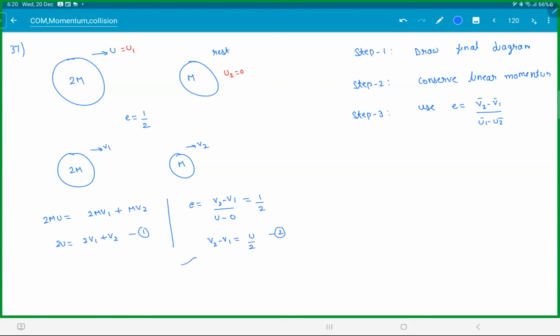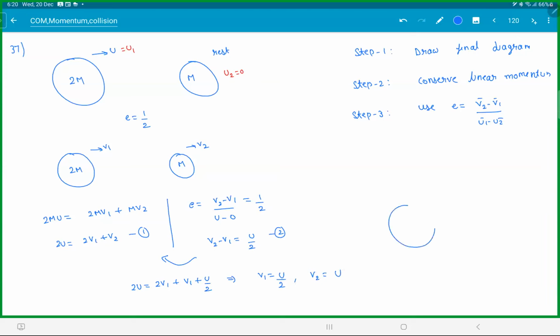Take v2 from here and substitute in this equation. 2u is v1 plus u by 2. So you end up with v1 is equal to u by 2, and v2 is equal to u.